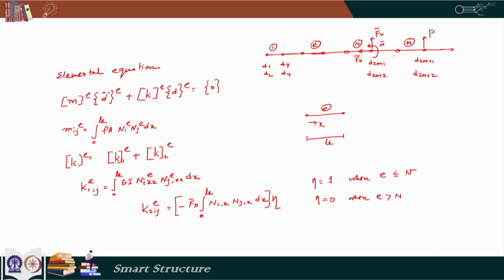Now, the effect of FH is already incorporated, because my K2 matrix has FH here. I need to incorporate F V bar. F V bar is the vertically applied force here. So, that corresponds to the degree of freedom D2n plus 1, because D2n plus 1 is the displacement.